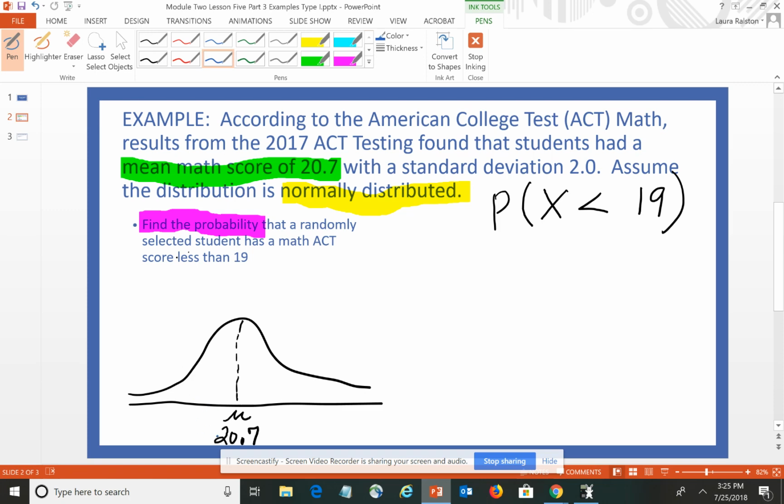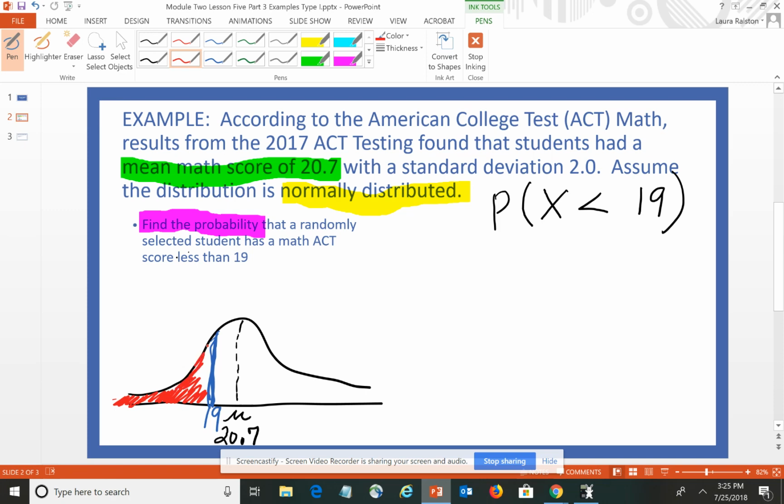So in relationship to 20.7, 19 would be on the left-hand side. So I'm going to roughly sketch in where I think 19 would be. And we want to be less than that. Remember, less than is to the left. So that's this region to the left of 19.